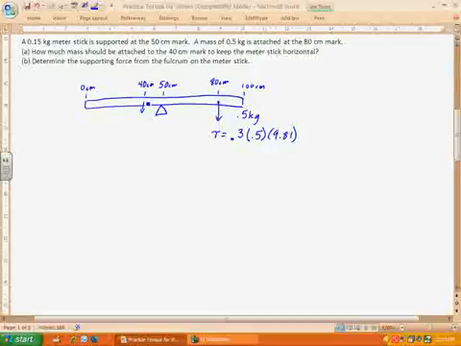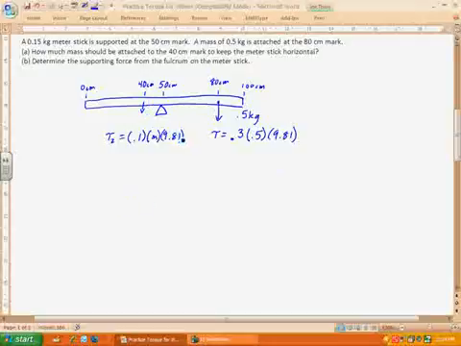And then over here, I'm going to need another torque, so torque 2, which is going to be equal to the radial distance will be 10 centimeters here, so 0.1 times the force, which is going to be the mass times 9.81, times again the sine of theta, which will be 1 again.